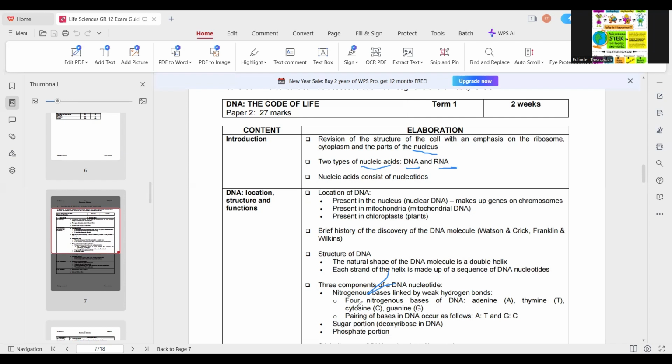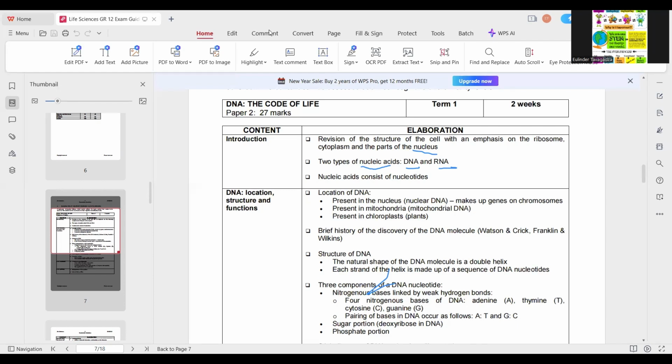You should know the 4 nitrogenous bases of DNA. You should also know the pairing of bases in the DNA, right? So we're having adenine with thymine, then guanine goes with cytosine, okay? All right, so these are the things that we are going to talk about in our next lesson, okay?